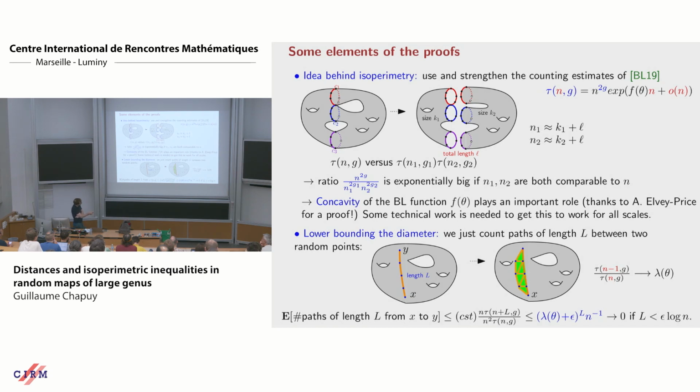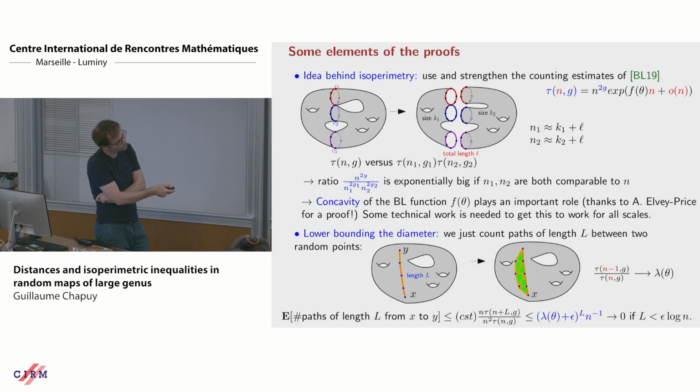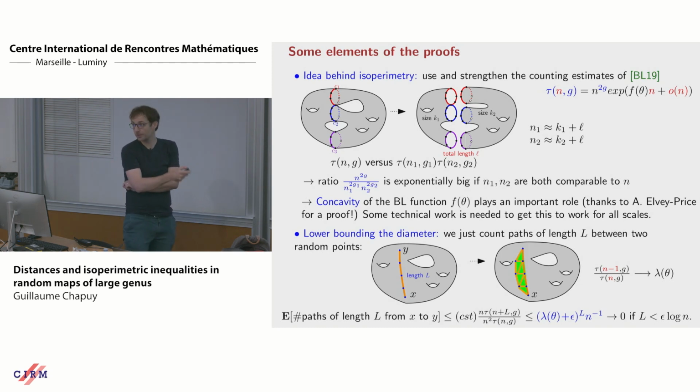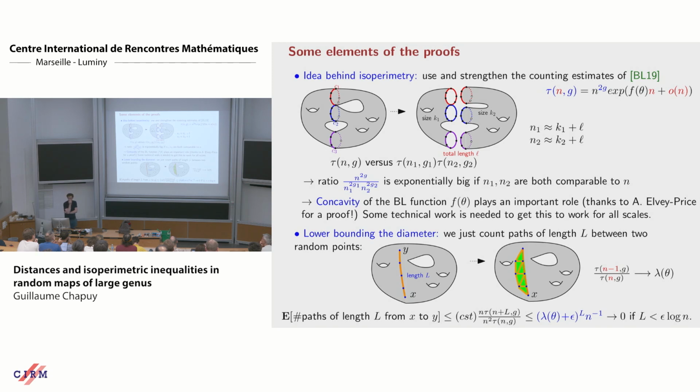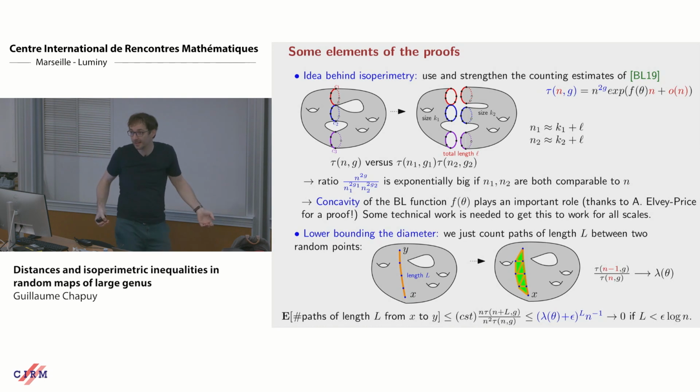But remember, there is this very nice ratio theorem that tells you that successive ratios converge to some constant. So this ratio, you will have some constant to the L divided by n. And so if L is a very small logarithm, then this goes to 0. Okay, so this means that on average, between two random points, you have no path of size L, which means that the probability that you have a path of size L goes to 0, which means that the diameter is at least L.